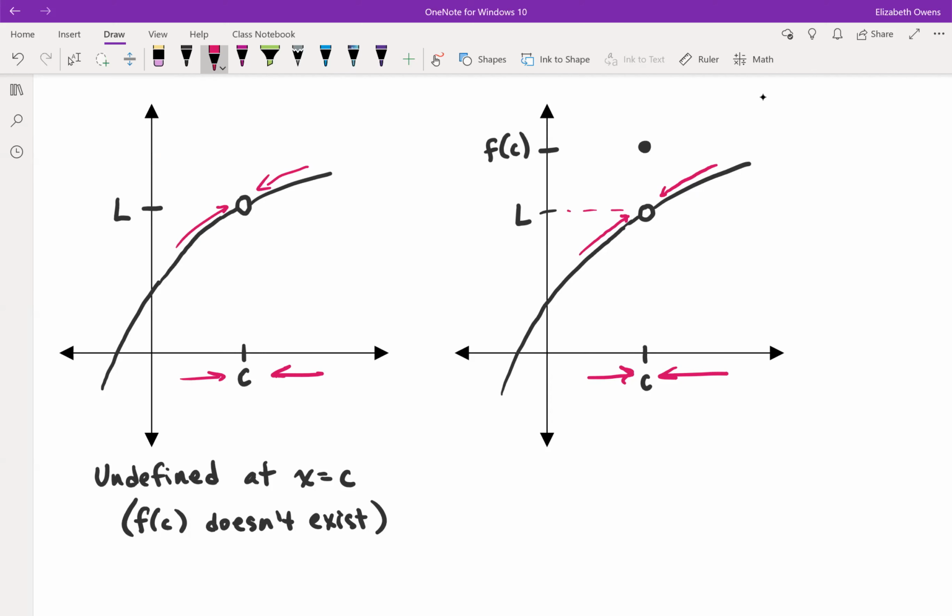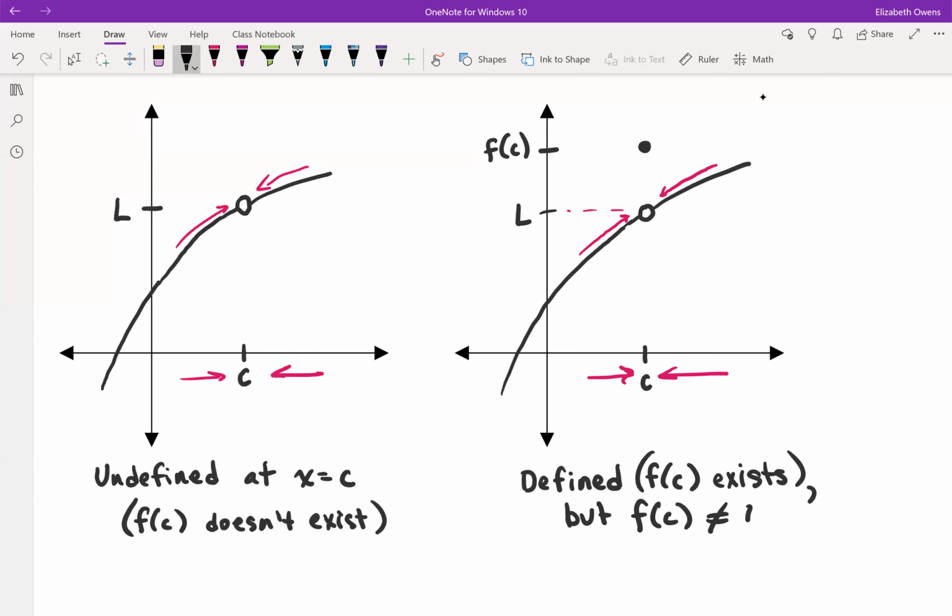Sure, yeah, at the actual point, the function decides to pull a fast one and surprise us by throwing a point up here, but the thing that we were approaching is still that same value L, okay? So this has a defined value for f of c. So f of c actually exists, but f of c doesn't equal L.